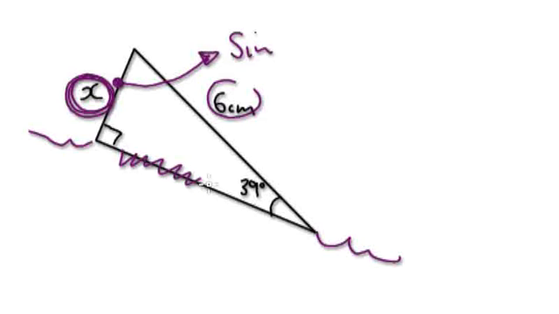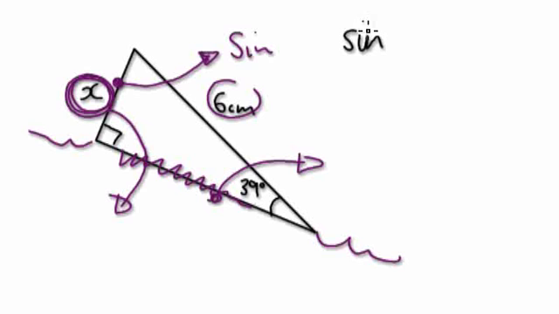Because the adjacent is not in play. So we don't really care about this one, and we don't care about the cord jumping out of the water. We only care about sine. So sine the angle, which is 39, equals the opposite, which is x, over 6.